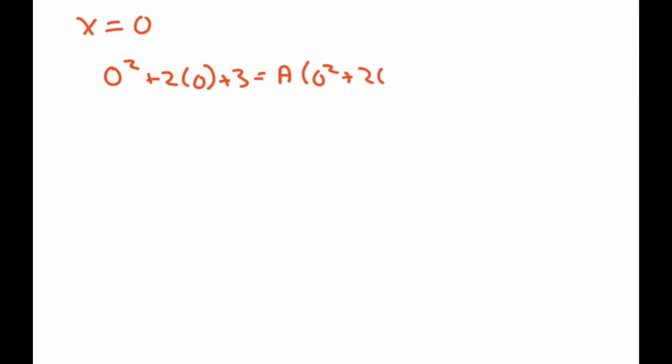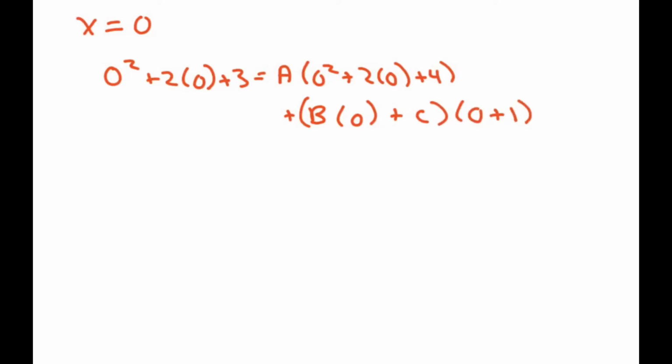Now all I have to do is find B and C. So the next one I'm going to do is let x be 0. And then just plug in your 0 everywhere. So you get A times 0 squared plus 2 times 0 plus 4, and then we have plus B times 0 plus C times 0 plus 1.